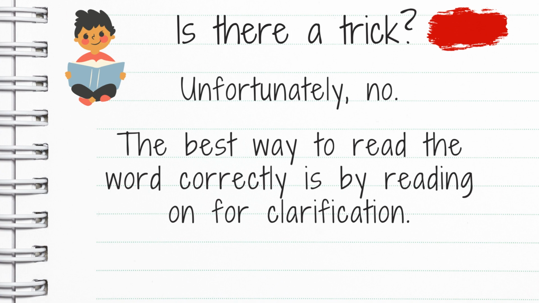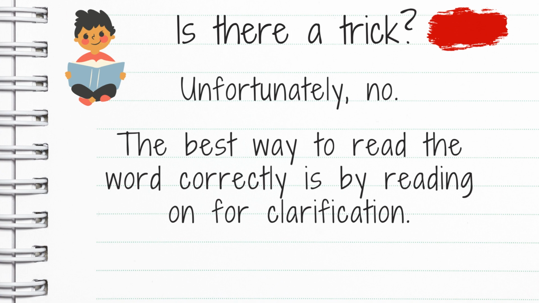Okay? So if, for example, looking at this sentence I've written, I'll read it the wrong way. So the best way to read the word correctly is by reading on for clarification. That didn't make any sense. So I'd go back and go, the best way to read the word correctly is by reading on for clarification.